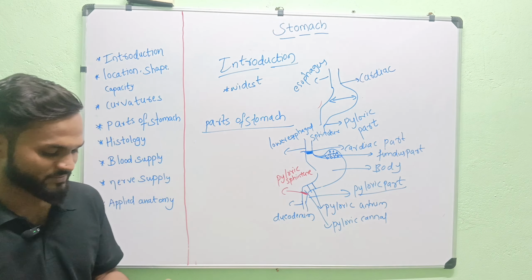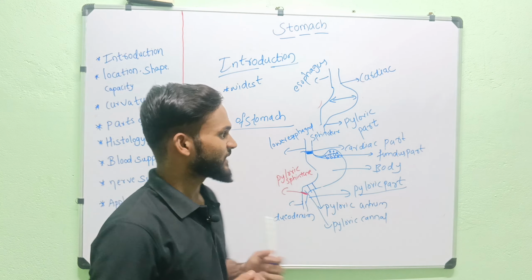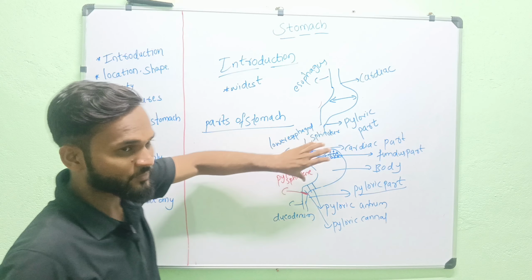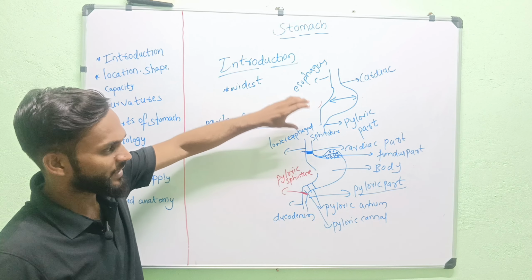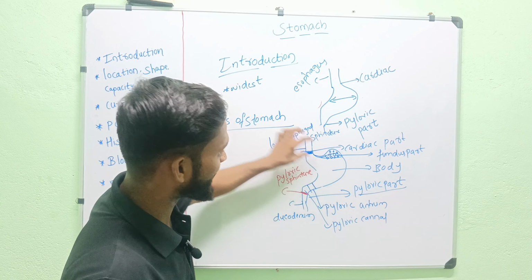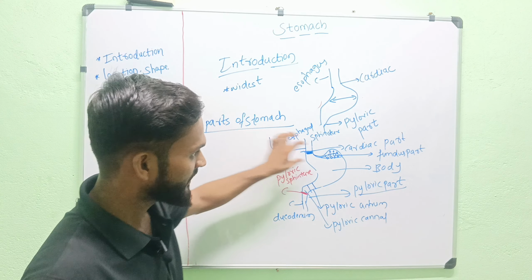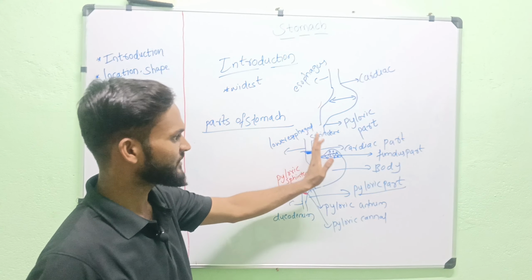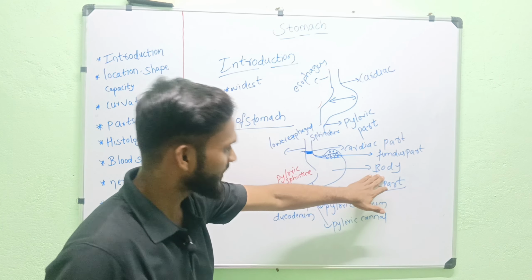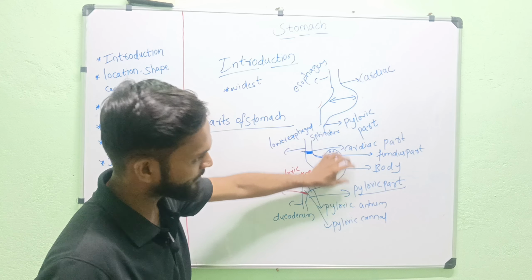It is all about the parts of your stomach. The first part is the cardiac part, which covers the superior part of your stomach, and near the cardiac part there is the lower esophageal sphincter. Then the fundus is present superior and left to your cardiac part, and the body is present in between your pyloric part and the fundus.